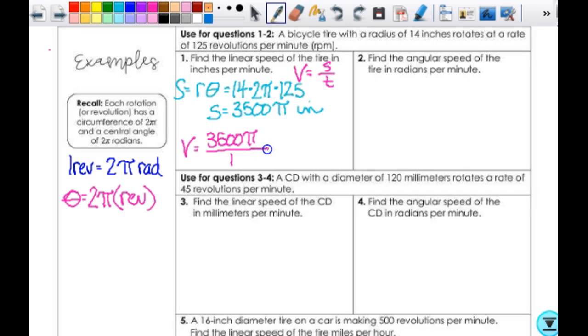So this is 3,500 pi inches over 1 minute. Since I'm dividing by 1, I'm not really dividing anything. And so my final answer is 3,500 pi inches per minute. Okay, and this is my answer.